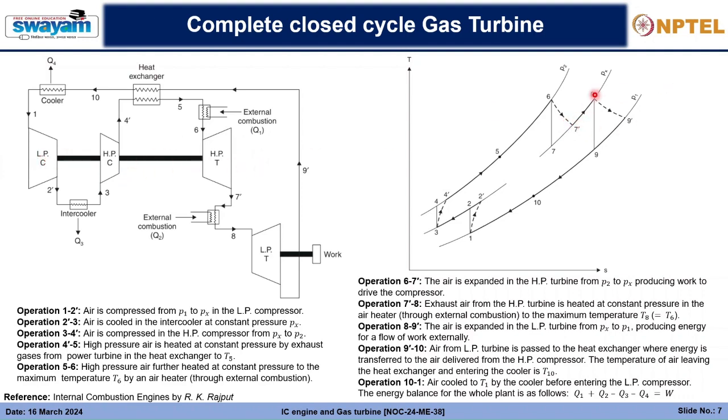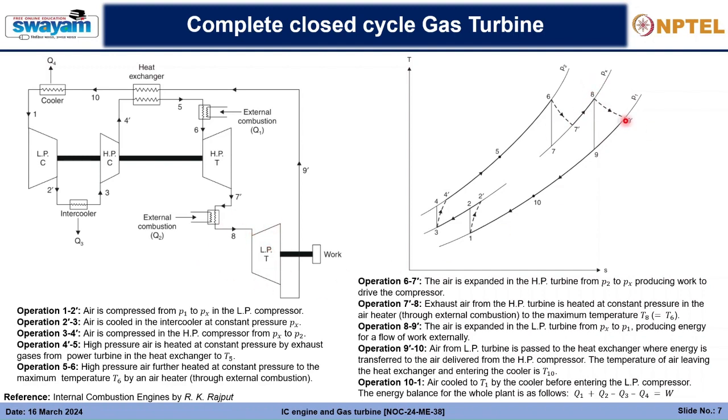And from 7 dash, there is an external combustion, that is the reheating that we are taking, and by reheating we are again supplying some amount of heat, and the temperature at 7 dash is raised to state 8, and at state 8 it is entering into the low pressure turbine.